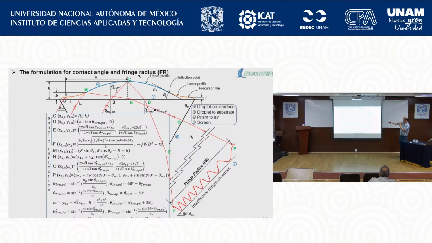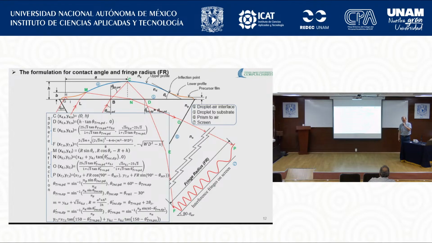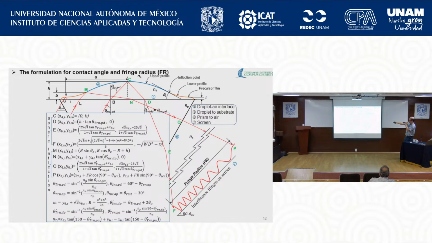And contact angle is substantial in determining surface wetting and other surface phenomena, including evaporation and boiling, and cell substrate adhesion. That's why we are doing this kind of research here.